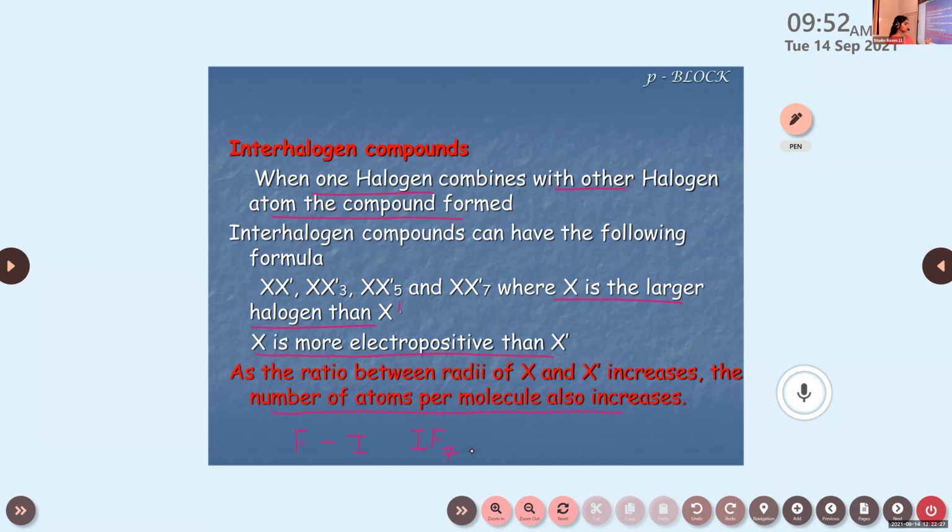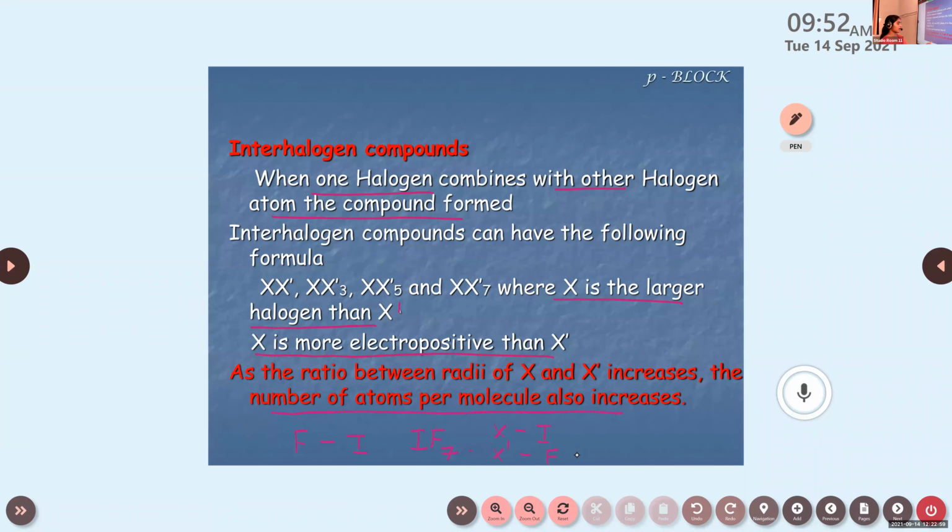So when we compare iodine and fluorine, which one is X and which one is X'? Iodine, yeah, iodine. Then X' is fluorine.